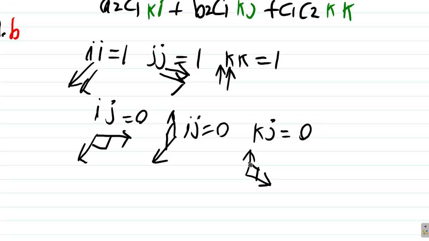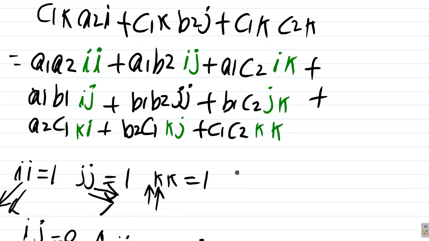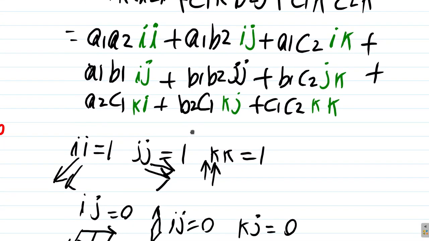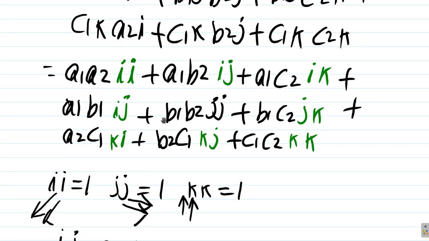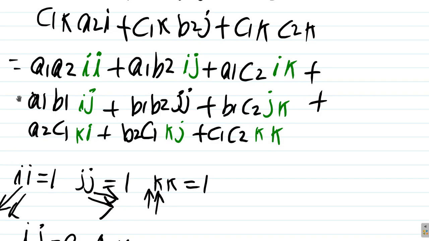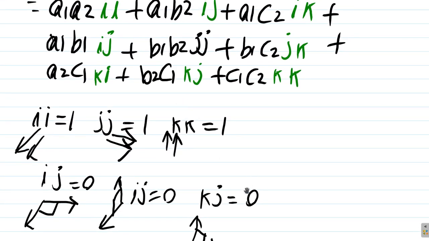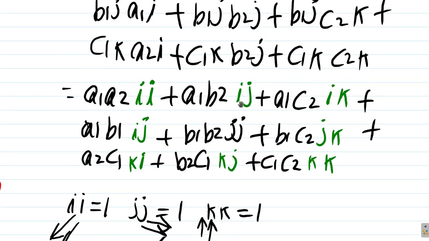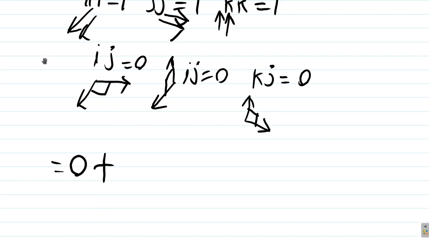So now, what we have here is this. A1, A2, II, that's gone, you know. So over here, A1, A2, II is 0. Plus IJ is 1. So it's A1, B2. See that?